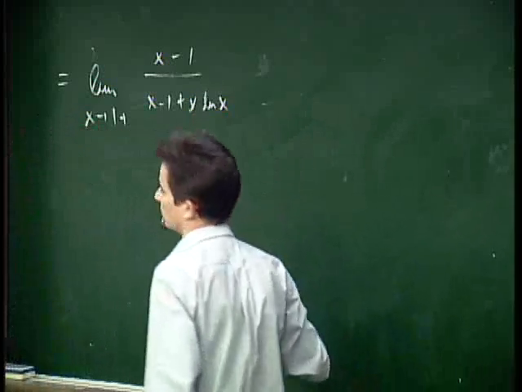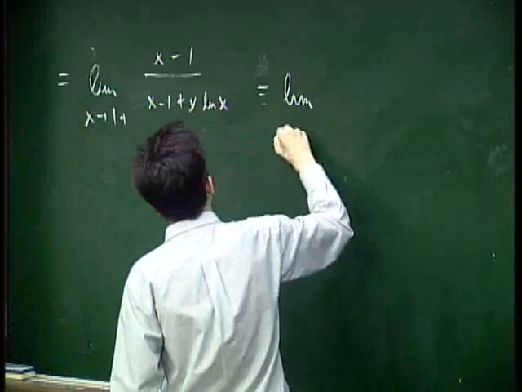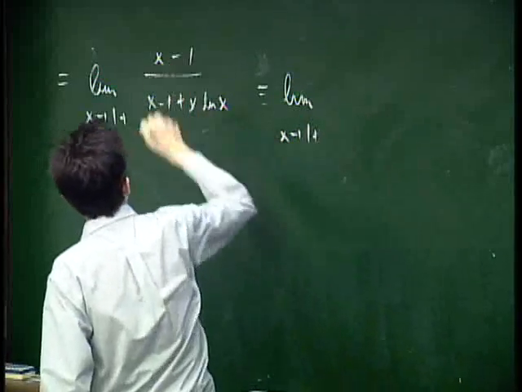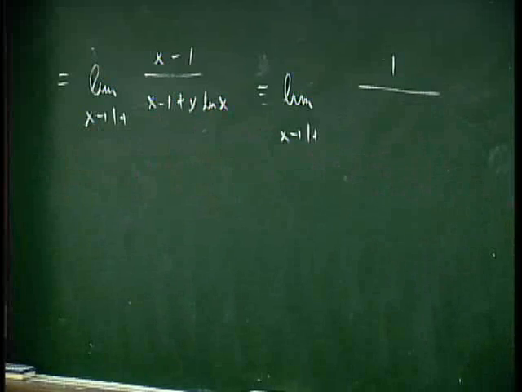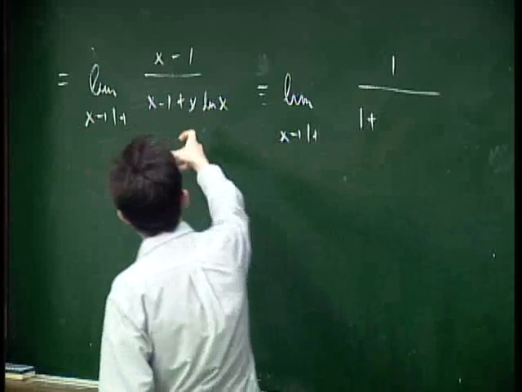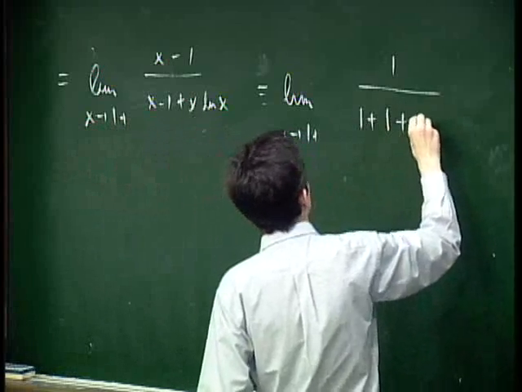But again, 0 over 0, so we use once more the rules of L'Hopital. So we have the limit as x tends to 1 from the right. Now the numerator is getting easy, 1. Over, and here we have 1 plus, and here we have to use the product rule, so we have another 1 plus ln of x.